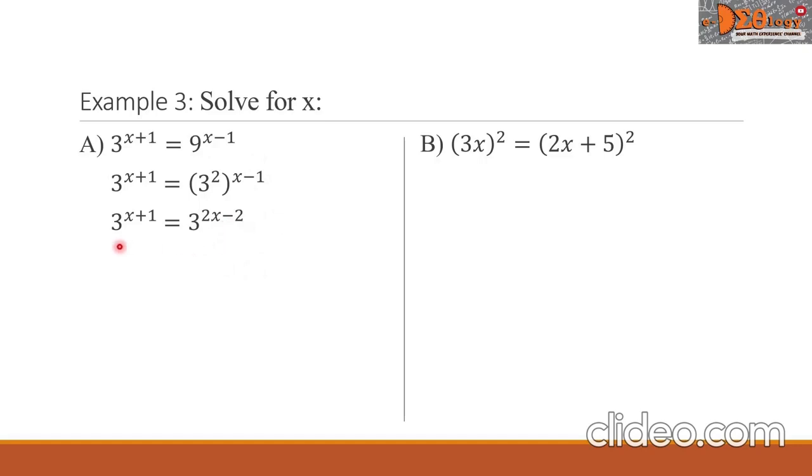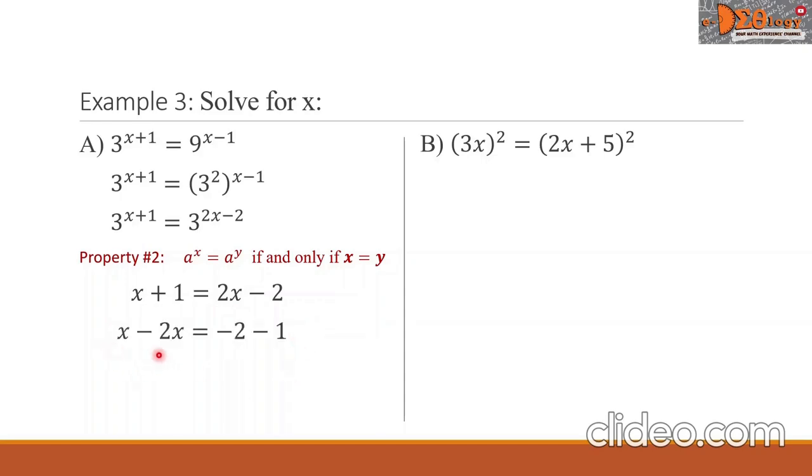Now we can see that we have the same bases, which is 3. We can use property number 2. So when we have same bases, we can equate the exponents. So the left side becomes x plus 1 equals the right side 2x minus 2. Let us solve now for x. This 2x we transpose to the left, the positive 1 we transpose to the right.